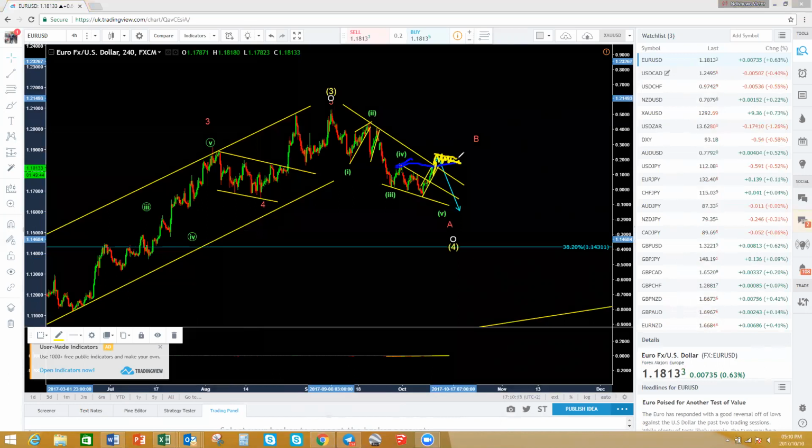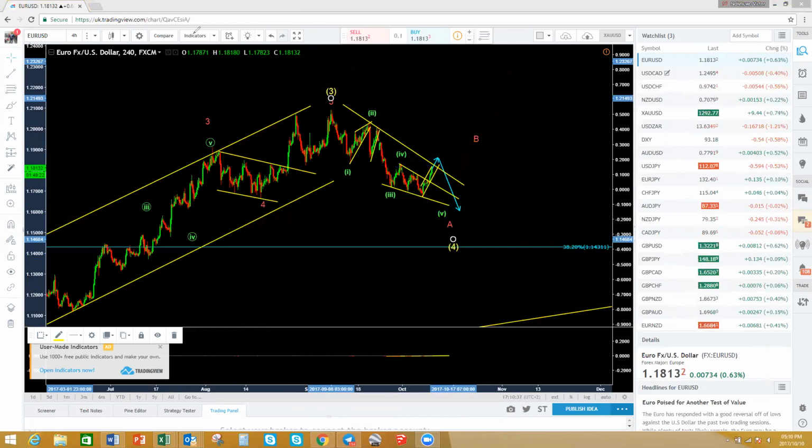Remember, it's the same thing that I said on wave 4 of the dollar index. If we break out here and we get a flag, we are going for our wave 5. Same thing with the dollar index. If you break down, get a flag, you are going to wave 5. So dollar index and the euro are exactly opposite. So here, I'm not exactly convinced that we are ready to go on the euro.